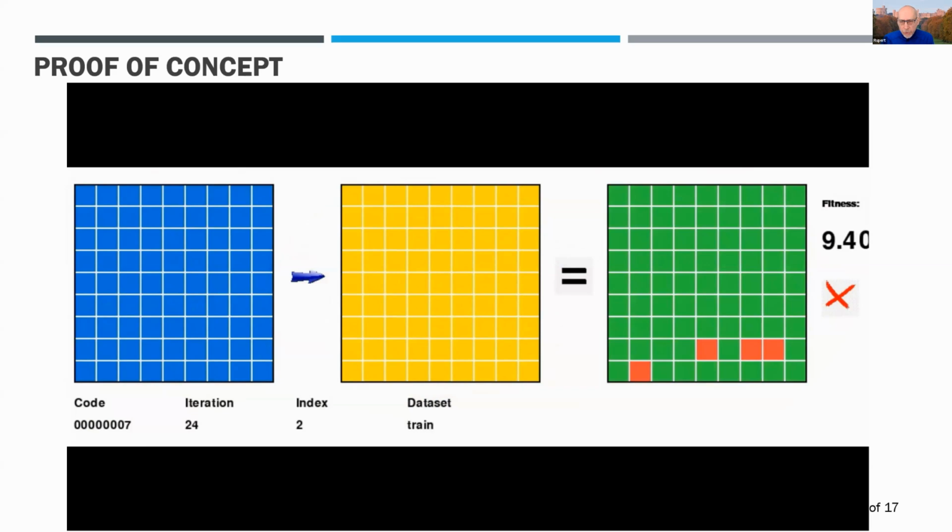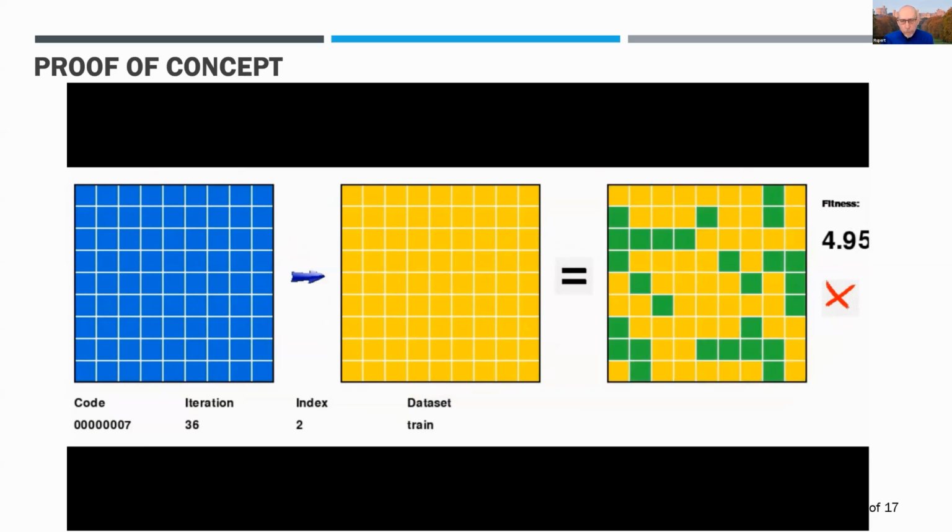And there's the fitness function, which you see on the right, is a measure of the match between the two grids. There we go. So in each case, it successfully turned the input into the output. So it controlled the transformation of the relationship between the two.